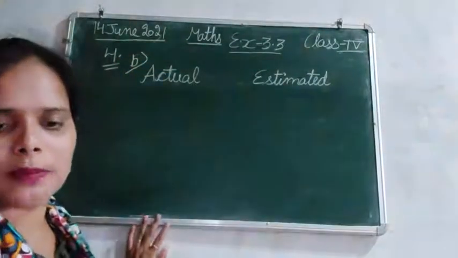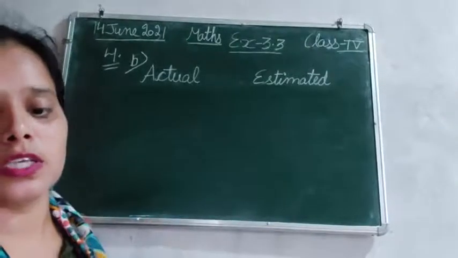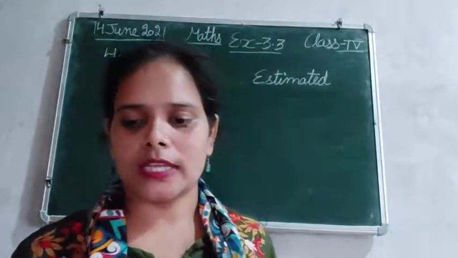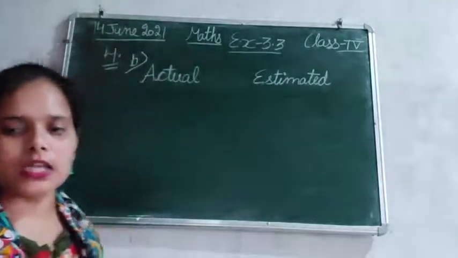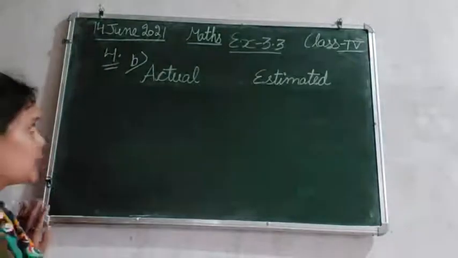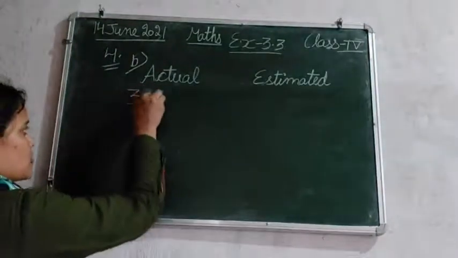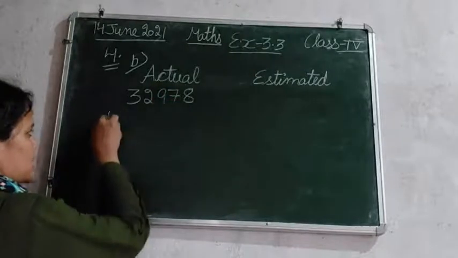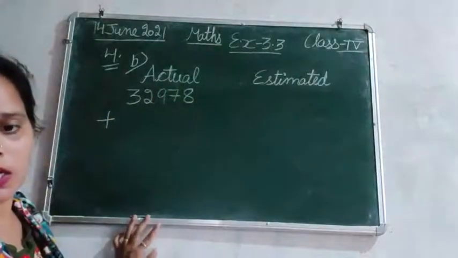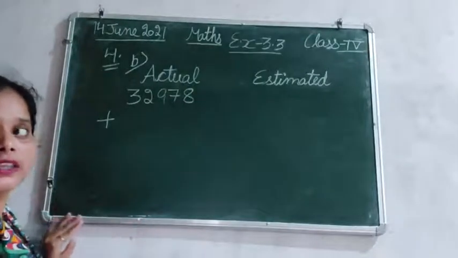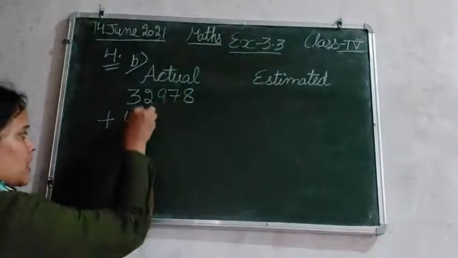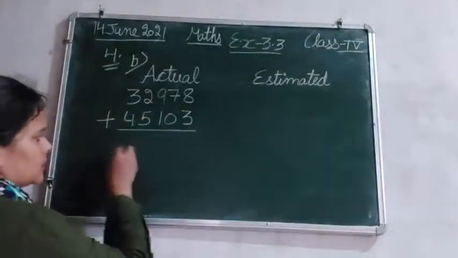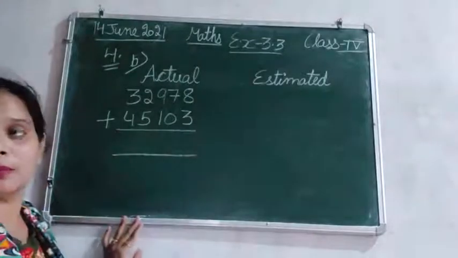In the B part, the numbers whose actual and estimated sum we need to find out are 32,978 plus 45,103. So these are the two actual numbers.